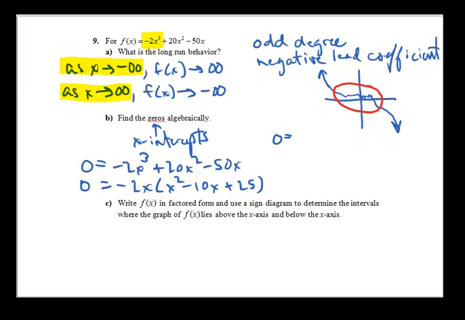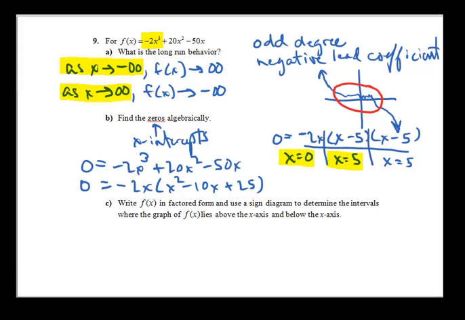Now this is going to factor more. It factors into x minus 5 times x minus 5. So what are my intercepts? I actually only have two intercepts. This is going to give me x equals 0, and both of these are going to give me x equals 5. So my zeros are 0 and 5.